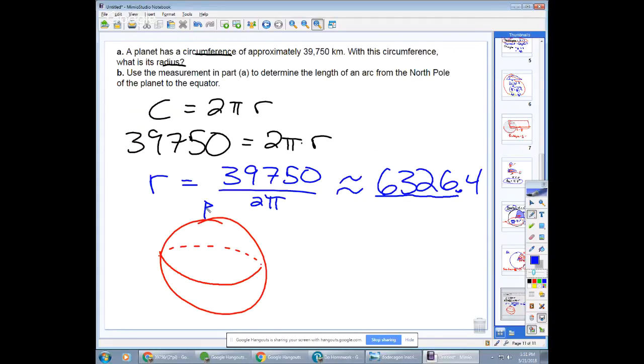And we want to get down to the equator. So we want that right there. What can you tell me about that arc compared to a circle? Yeah, that's a quarter of a circle. If I threw perpendicular lines through there, that's going to give me 1/4 of the circle. So 1/4 of the circumference.